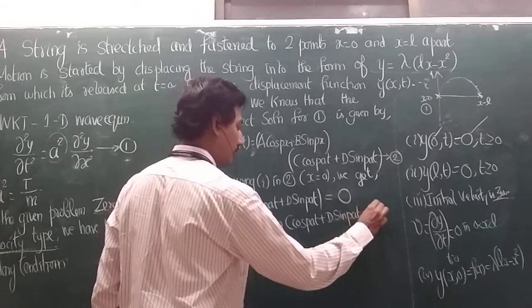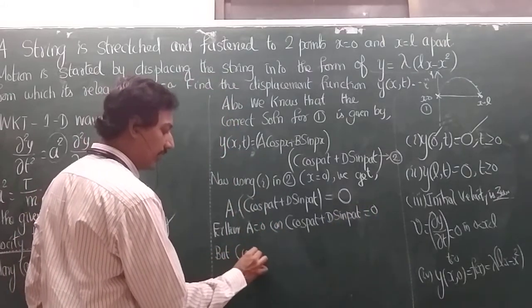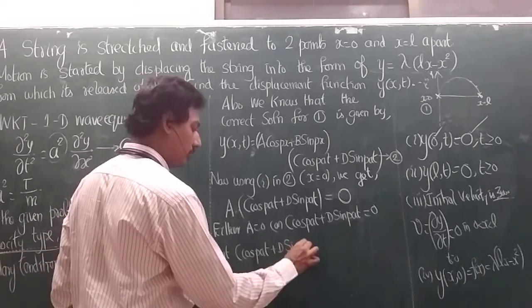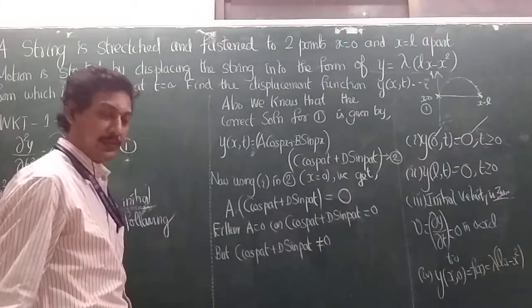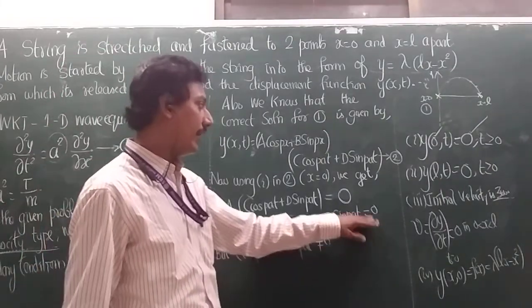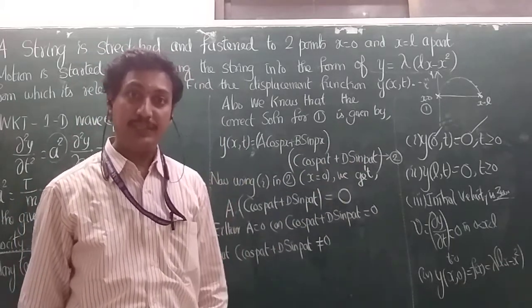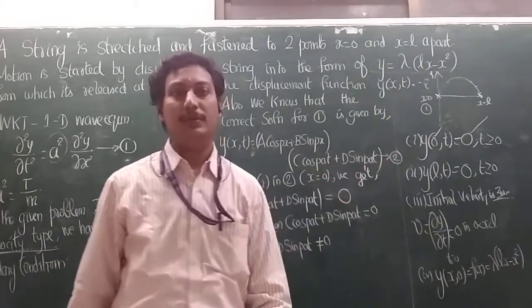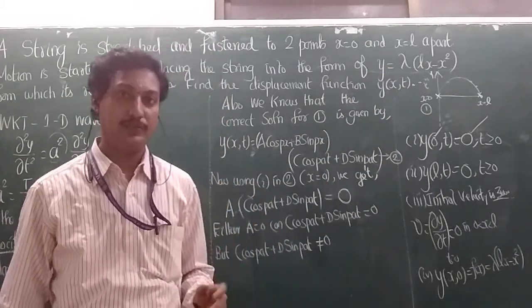But c cos pat plus d sin pat cannot be 0. There are many reasons. The first reason: suppose this value is 0, then the entire thing becomes 0 and we get a trivial solution. But initially we have some displacement lambda into Lx minus, so this is a contradiction.